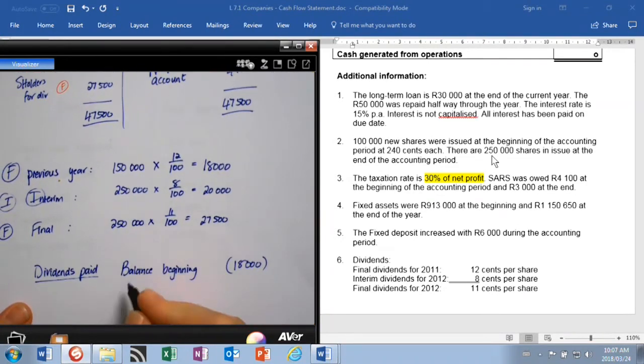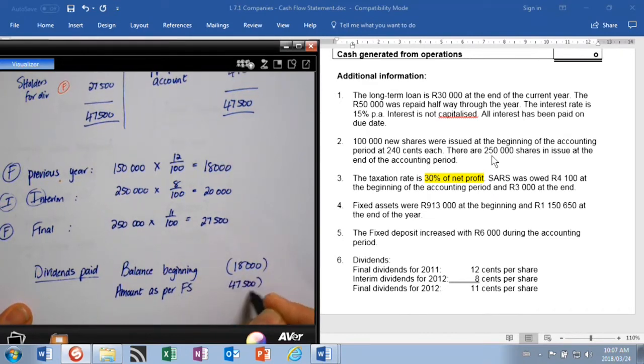Now you say amount as per financial statements. That is the 47,500. That is the total dividend for this year. And why do I put it in brackets? Because we were supposed to pay 47,500.